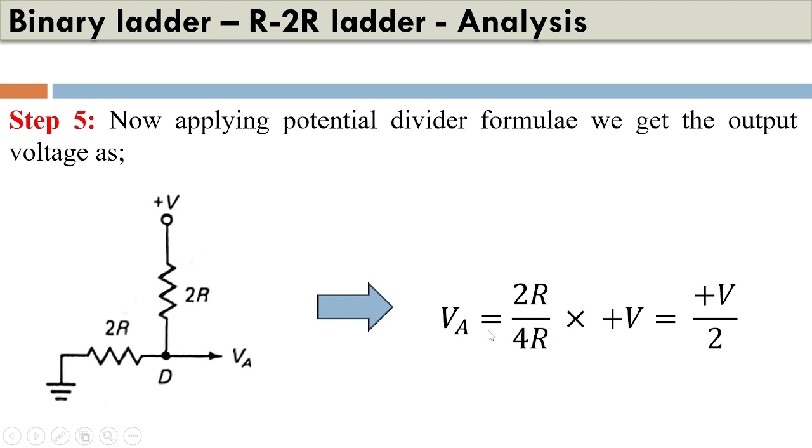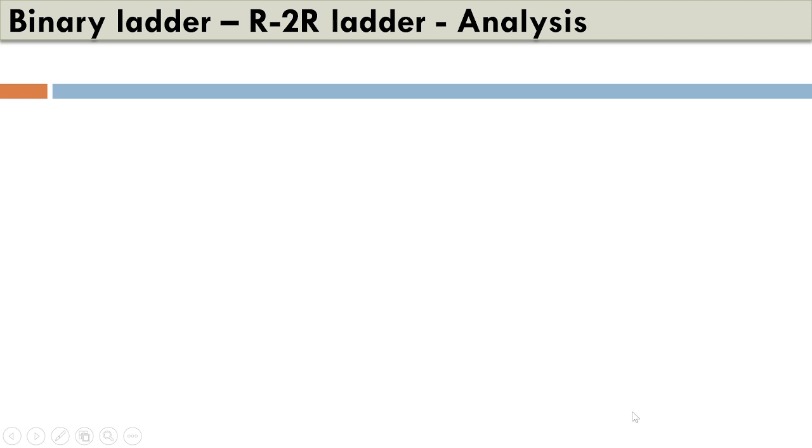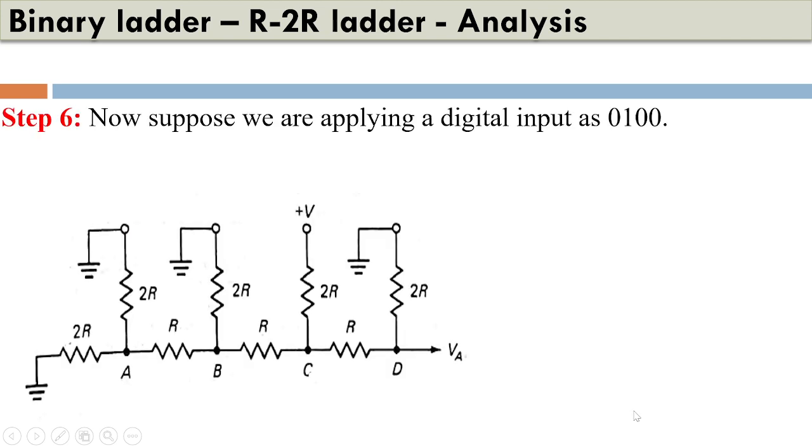At the bottom we have the total resistance, and above we have the resistance across which we will be getting the voltage VA. So this resistive ratio will be multiplied with the total voltage, that is the voltage applied as V. From this expression we can see VA is nothing but V by 2. So in a similar fashion we will be considering other inputs.